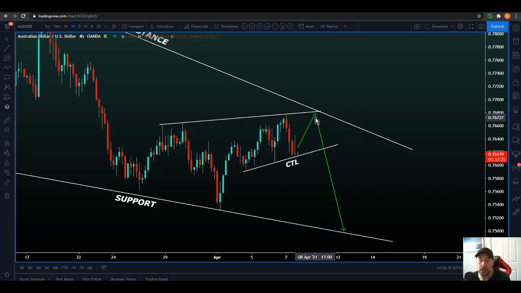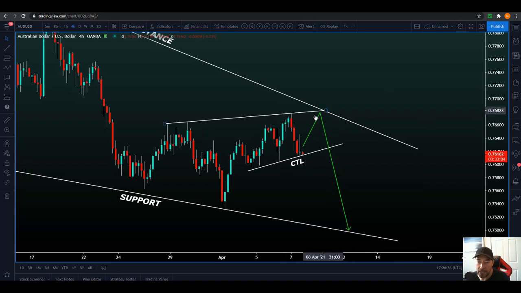Now it might not come and test the top here, it may just break through. We will have to wait and see what happens. We've got FOMC meeting minutes at 7 o'clock this evening, which obviously could affect this pair. That's ideally what the situation would be.